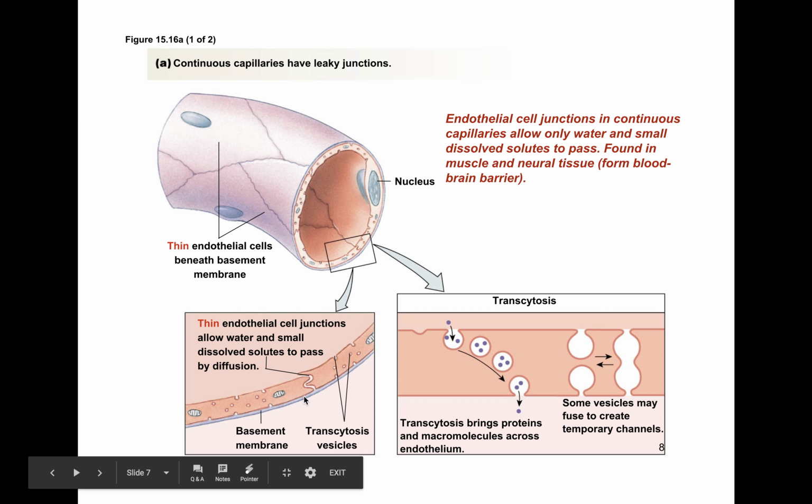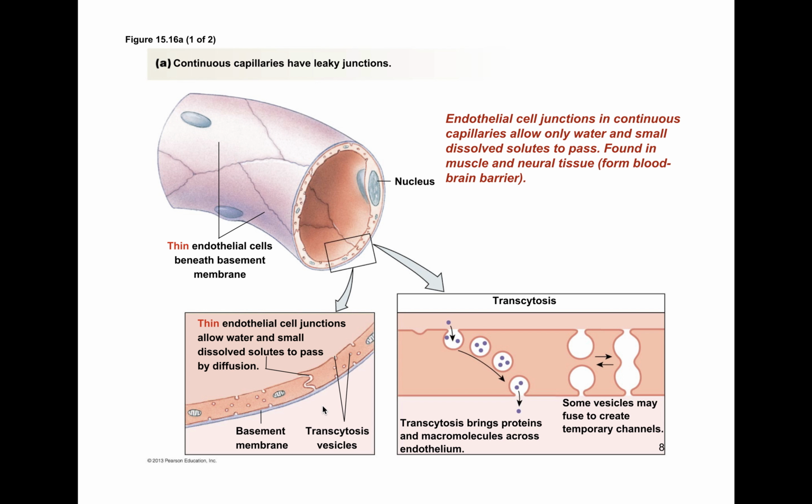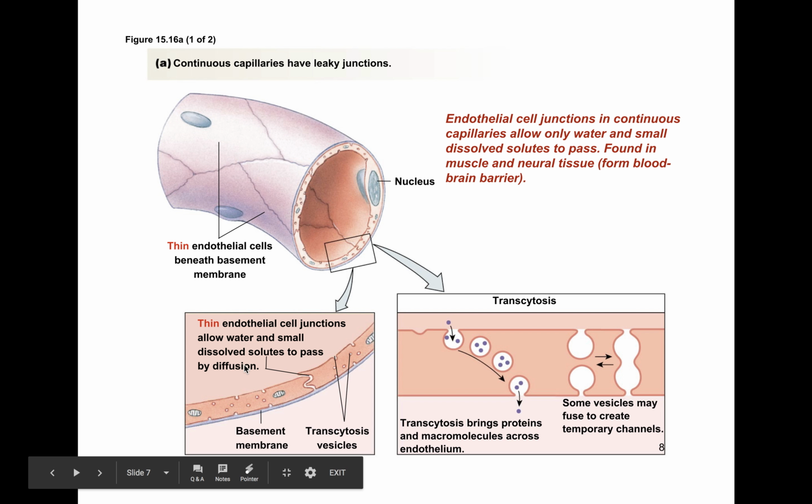So this very thin layer between the blood and the interstitial fluid or the tissue allows for things to pass. Additionally, we have little junctions that allow for small dissolved substances to pass from high to low, just using diffusion as well. So in addition to being thin, these capillaries are also structurally designed to allow things to pass through.